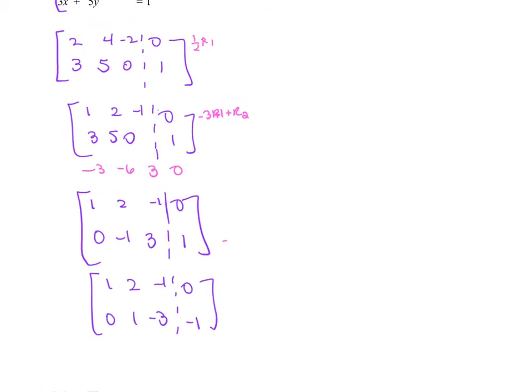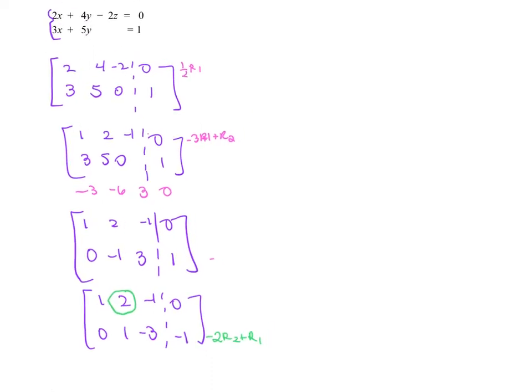Now I want to make this reduced row echelon, so I need to get rid of this 2 here, because that's the number above this 1 here. To do that, I'm going to multiply row 2 by -2 and add it to row 1.